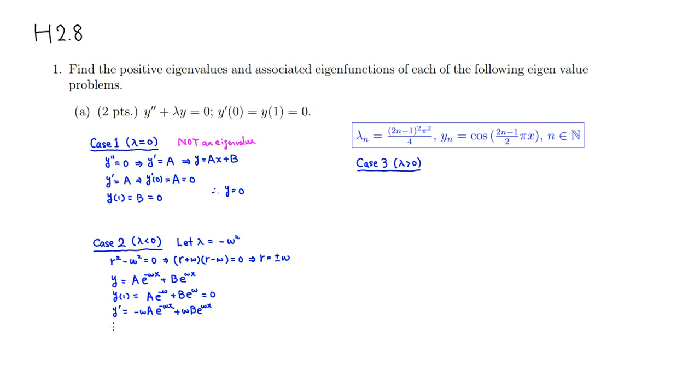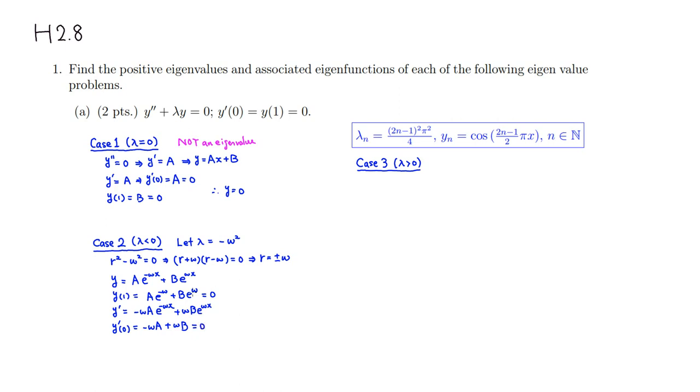Then we plug in 0, so y prime of 0 is negative omega a plus omega b, since e to the 0 is 1, and this is equal to 0.